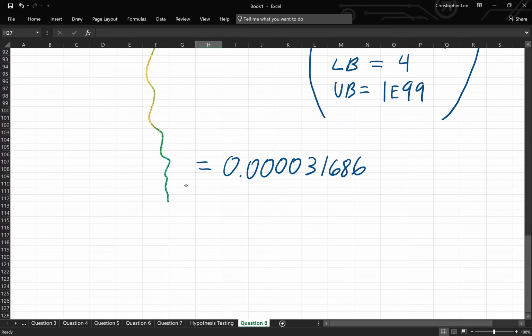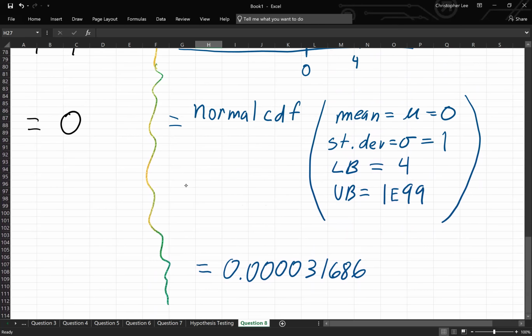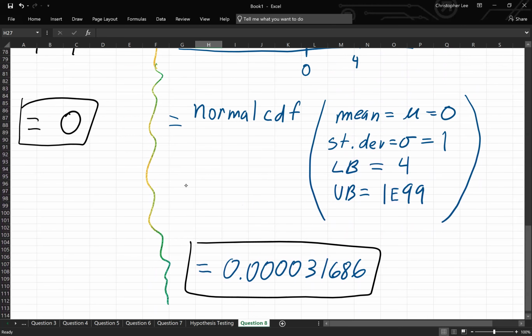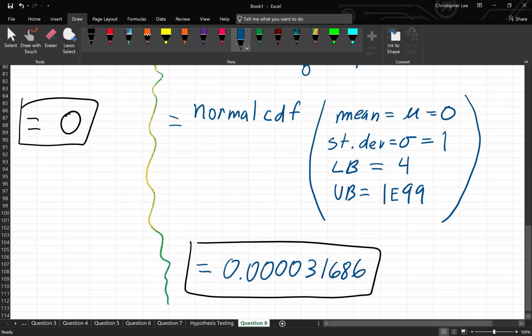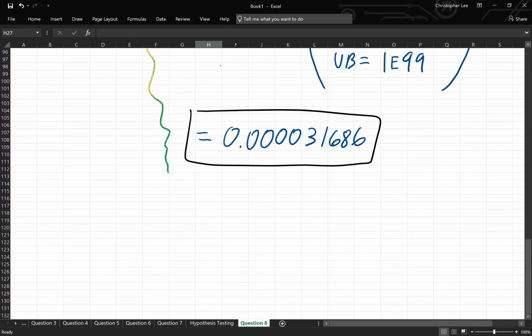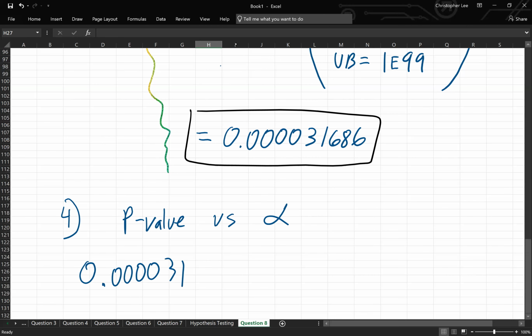Okay, so this is step 3. Step 4, I want to compare the p-value versus alpha. So I have 0.123431686 versus 0.05.